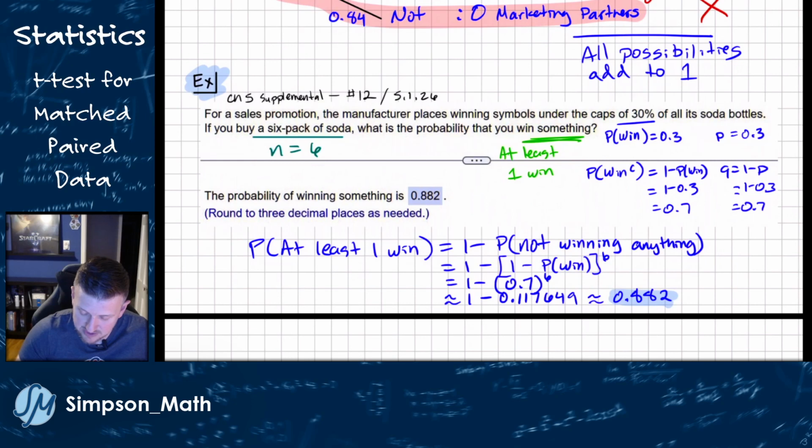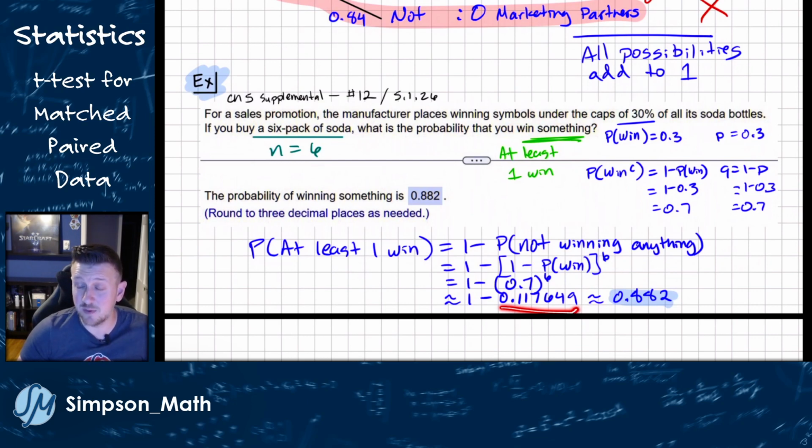So I'm just going to jump to the probability I don't win anything in six tries. So 1 minus 0.7 to the 6th. I'm raising it to the 6th power because I'm doing 6 total attempts. So there's about a 12% chance that I don't win anything.